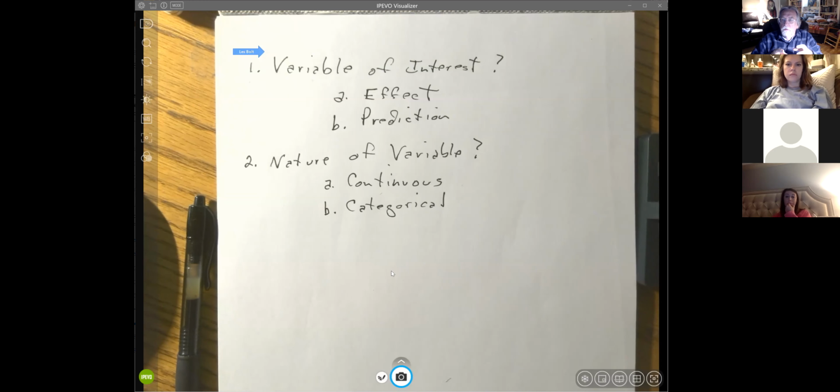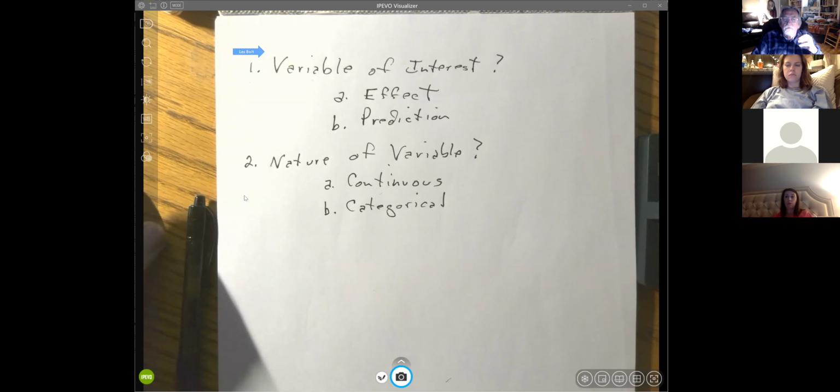So if we're wanting to know if a particular reading program has an impact on student comprehension, student comprehension is the variable of interest. That's the thing we're interested in knowing about.